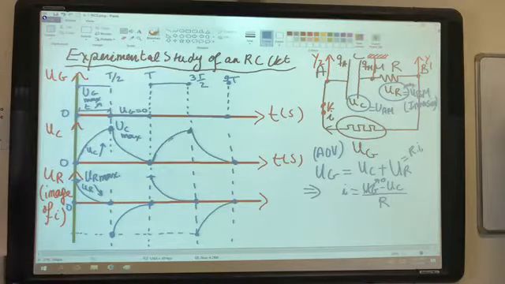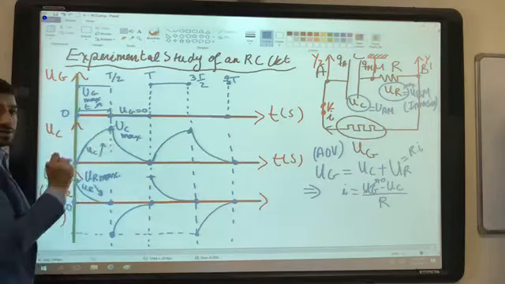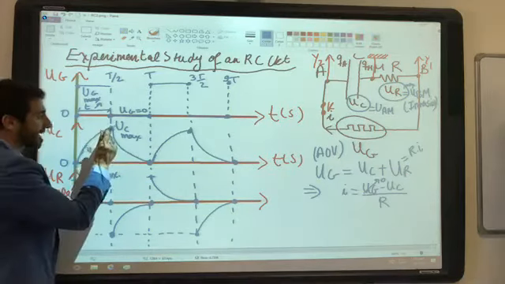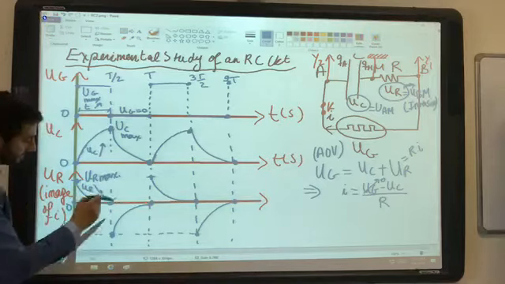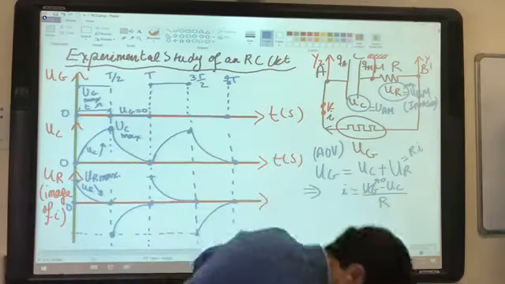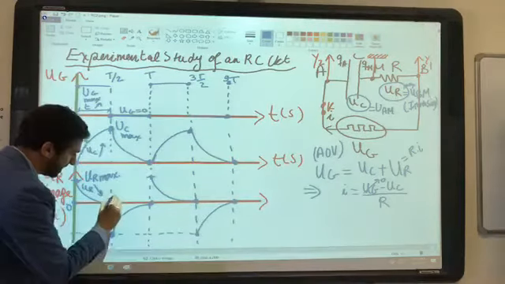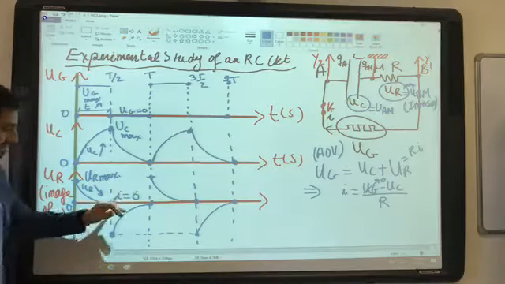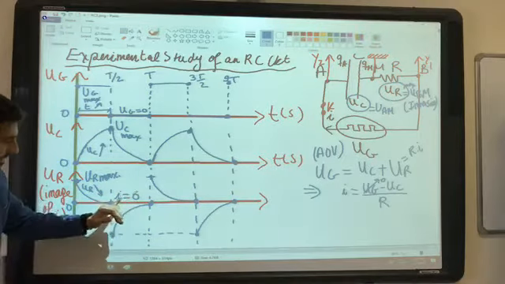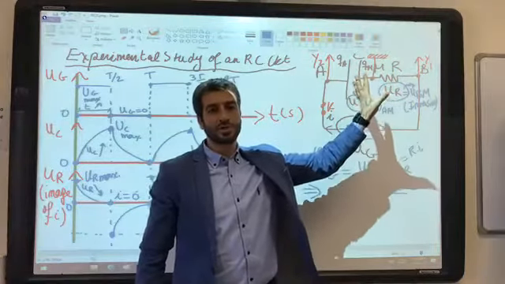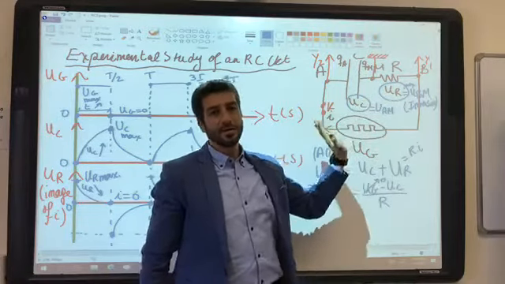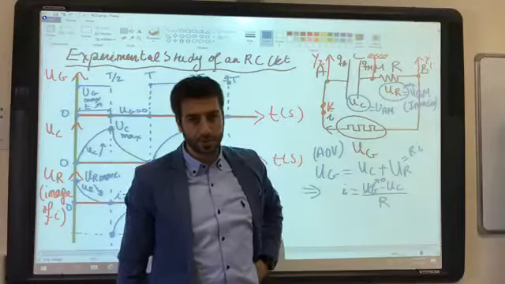What is worth mentioning here? Whenever we have the maximum voltage here, what is the current here? 0. The current here is 0. What does it mean physically? It means physically that whenever the capacitor is fully charged, no current will pass to the circuit anymore.